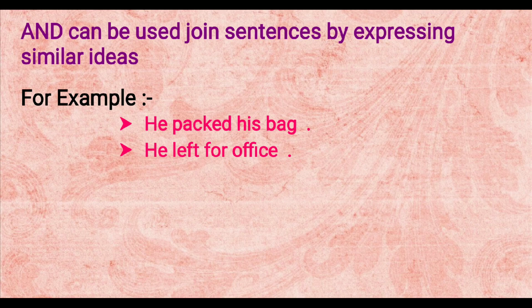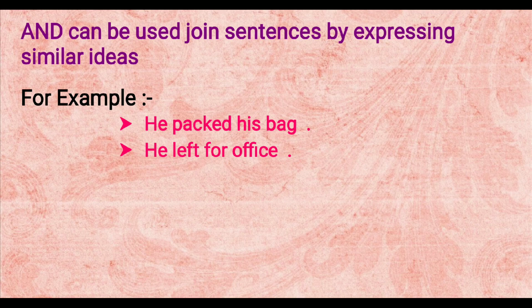So what can we do? First of all, what can he do? He packed his bag, then he left for office. In the first sentence, first of all he packed his bag, right? So the first action is done.